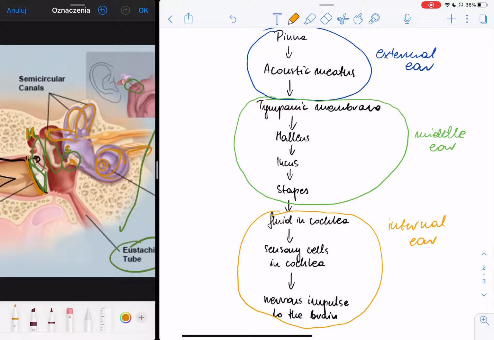This means that in certain cases like this, you will be hearing the same thing twice. The time difference between the stimuli entering your ears is so small that the brain will basically melt those two sounds into one. So it's tricking you into hearing the thing only once, whereas physically your two separate ears have heard the same sound at different times.